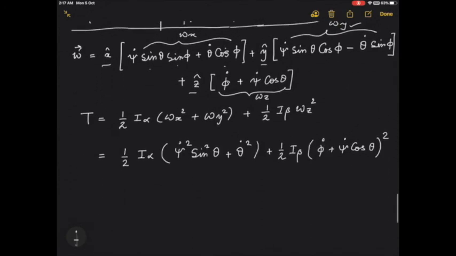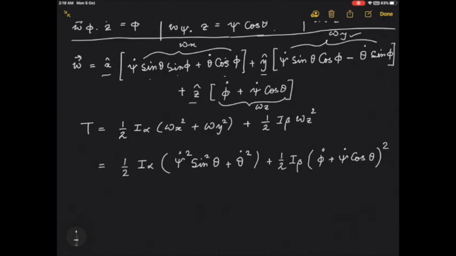So I can write down the kinetic energy now, which, if you remember, was half I alpha omega x squared plus omega y squared plus half I beta omega z squared. We called Izz as I beta, and Ixx and Iyy both we called I alpha.